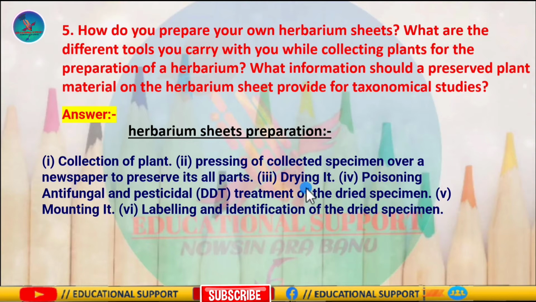Drying: it involves the drying of the specimen between the folds of newspaper. Poisoning: antifungal and pesticidal, or DDT treatment of the dried specimen. Mounting: it involves mounting of the specimen over the herbarium sheet. Labeling and identification of the dried specimen are the last step while preparing a herbarium sheet.